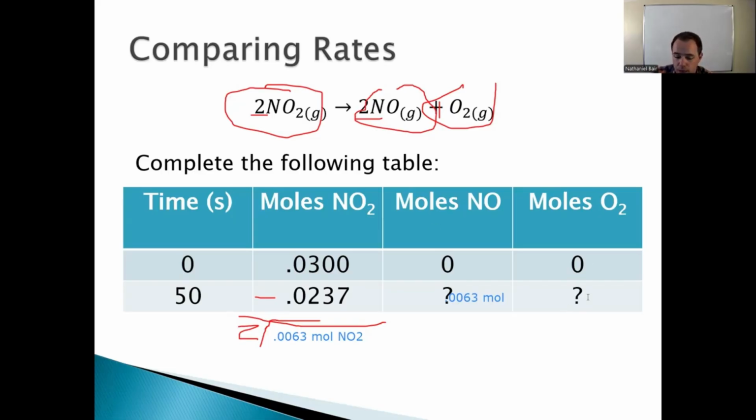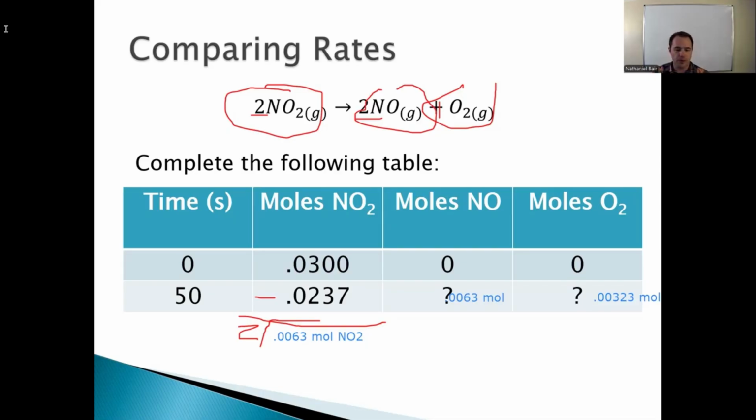So we would only make 0.0032 moles of the O2. Hopefully that's making sense. These are not rates yet, by the way, because rates have to be molarity per time. But we're just starting to see how we can use these coefficients to compare the things in a chemical reaction.